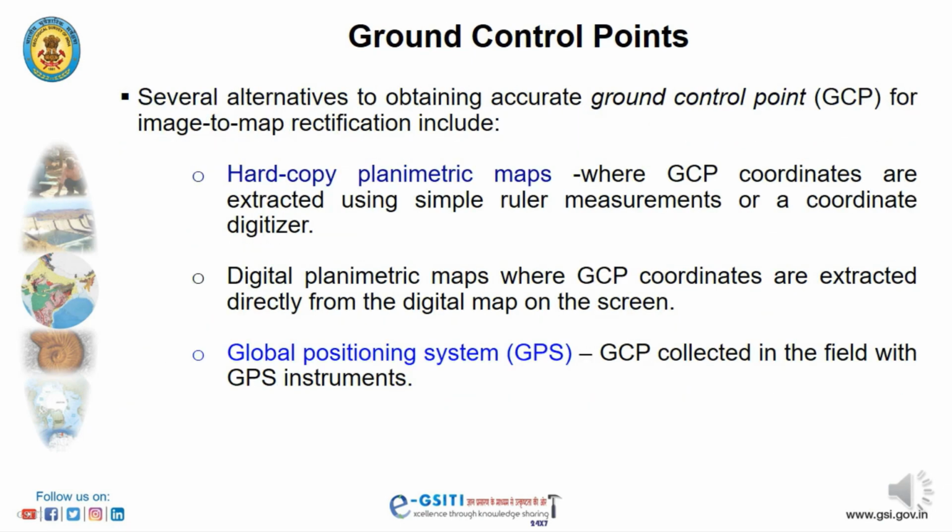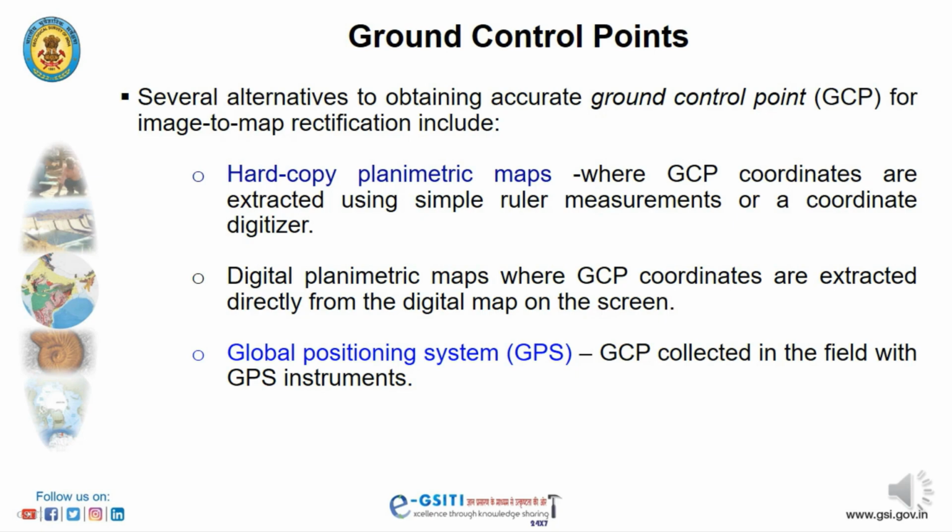There are several methods to obtain ground control points. If we are taking from hard copy planimetric maps, GCP coordinates are extracted using simple ruler measurements or a coordinate digitizer. With digital planimetric maps, GCP coordinates are extracted directly from the digital map on the screen.